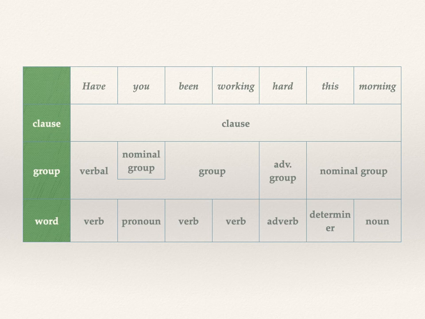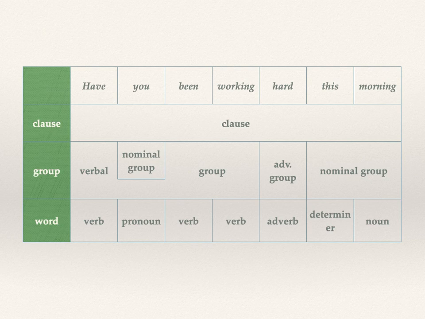The verbal group, which as I said is discontinuous in this version, have been working, is followed by hard, which is an adverbial group consisting of an adverb, in this case the limiting case of a group, a single word, in this case of the class of adverb, and then this morning a nominal group with a pattern that we've already met earlier in this lecture, determiner plus noun.